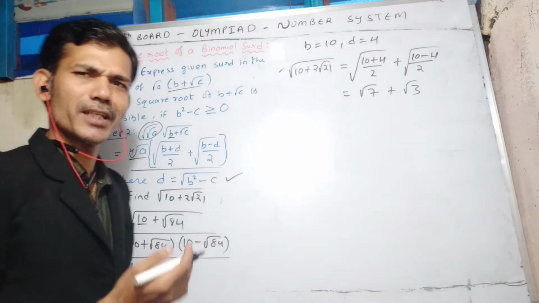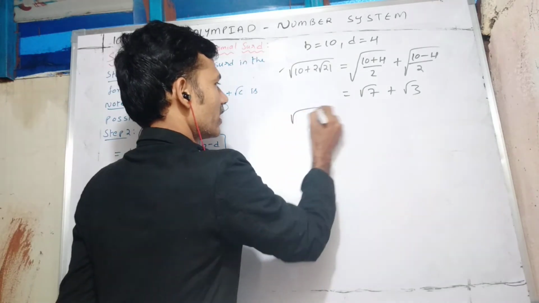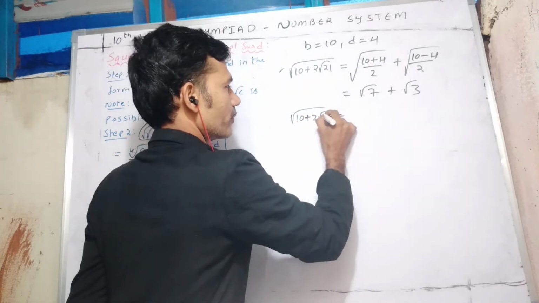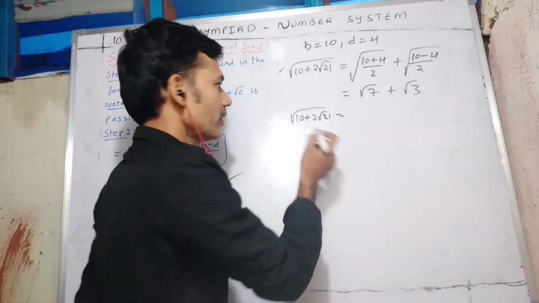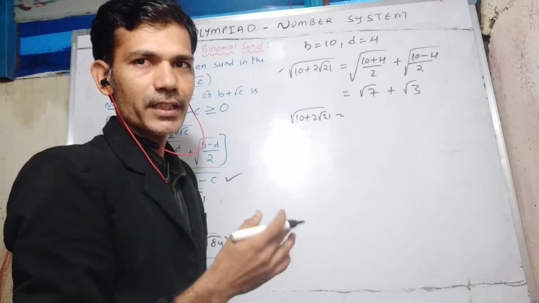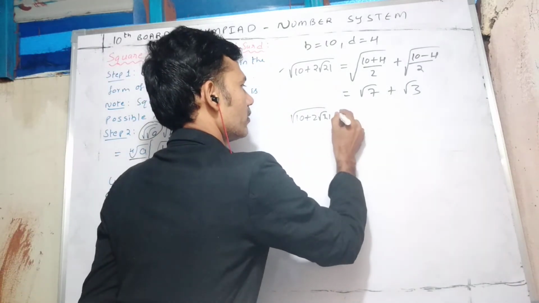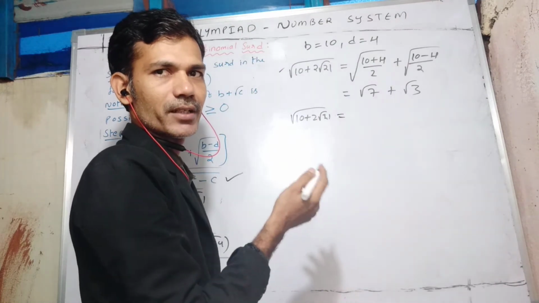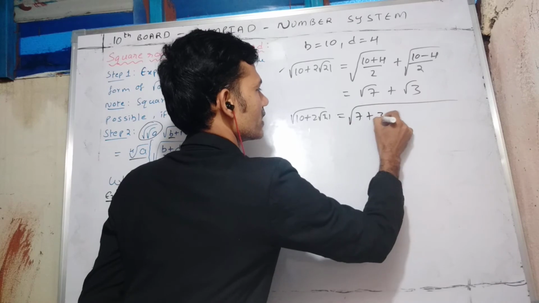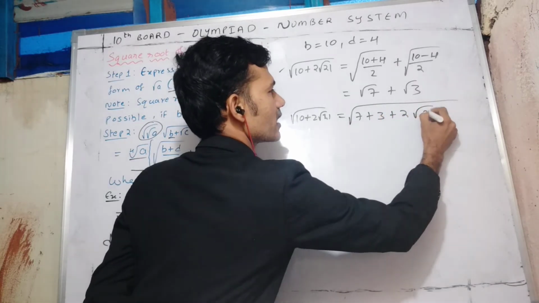See, we can solve algebraically also. We'll tell the other method also. See what we have to do. We have to find the factors, and check whether we can use an algebraic identity or not. 21 factors: 3 times 7, and when you add you will get 10. So I can write 7 plus 3 plus 2 into 21, I can write like this, 7 times 3.